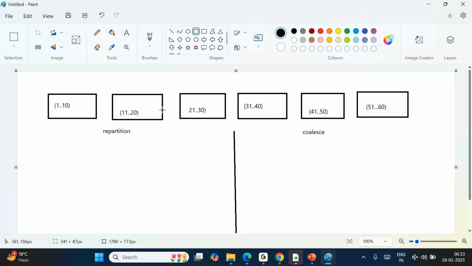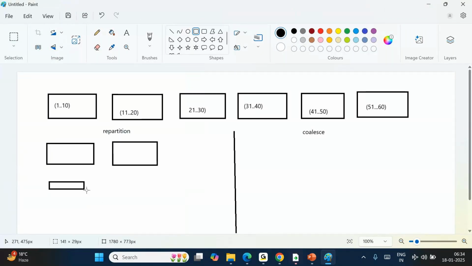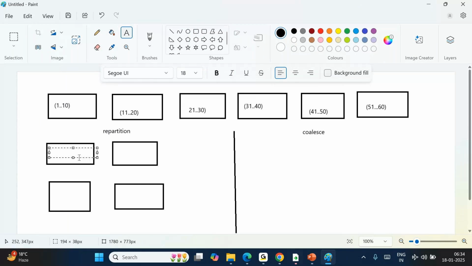What happens in repartition? Four partitions will be created like this. But the thing is, repartition can have records like 1, 2, 3, maybe 11, 12, 13, 14. Again, 1 comma 2 can be there, 11, 12 will be there, 21, 22, again 31, 32, 41, 42, 51, 52.